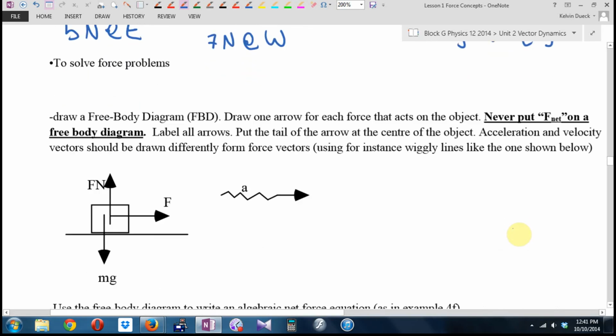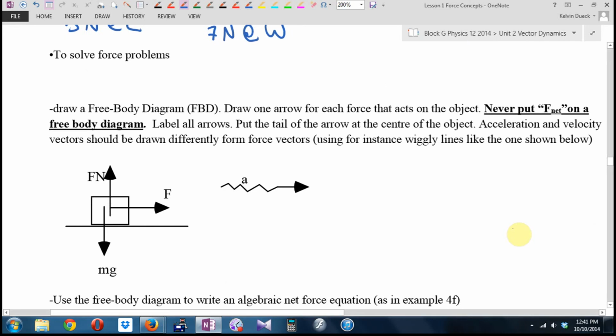To solve force problems, we are going to draw free body diagrams, FBDs. You draw one arrow for each force that acts on an object. F net never appears on your free body diagram. Label your arrows. Put the tail of the arrow at the center of the object if you can. Acceleration and velocity vectors should be drawn differently from force vectors.